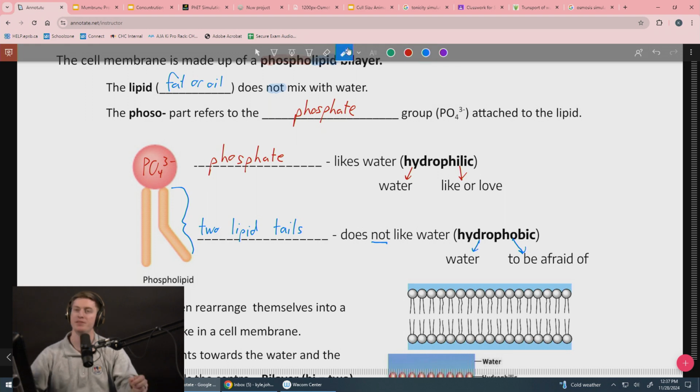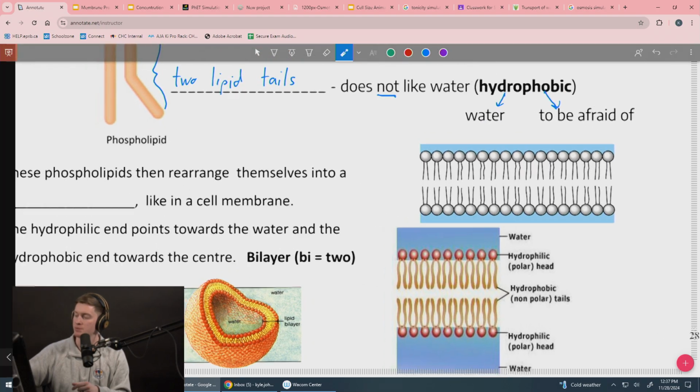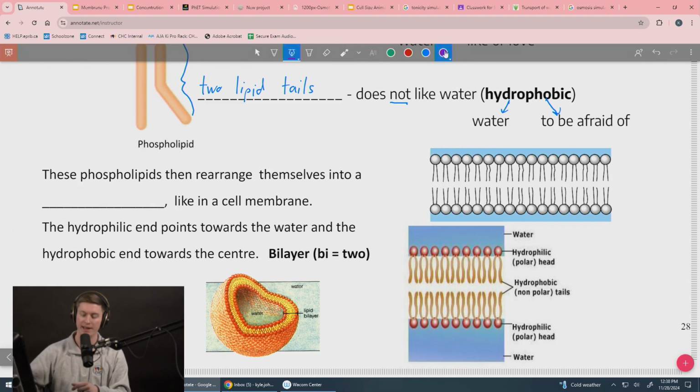Because we have this sort of nature where one end of the phospholipid wants to touch water and the other end doesn't want to touch water, the phospholipids arrange themselves into a bilayer. And the cell membrane is an example of this bilayer. You see that you have on the inside here all of our lipid tails.